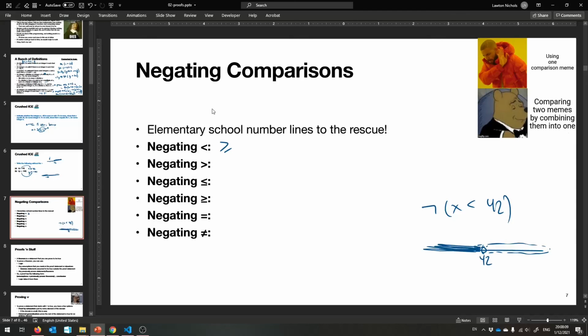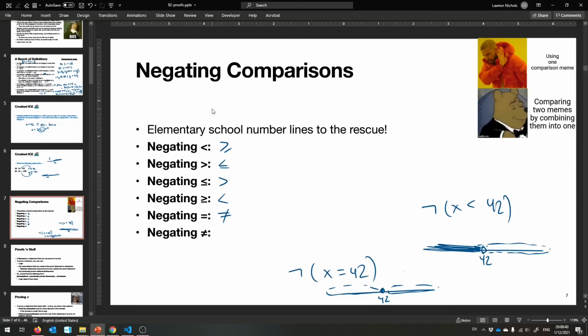And if you play this game for all of the comparisons, it looks like this. You swap it, add an equal sign. Swap it, get rid of the equal sign. Swap it, get rid of the equal sign. Negating equals: what does it mean for x to not be equal to 42? Well, here is x being 42. If we say that's not true, it's got to be everything over here and over here, which is not equal to.